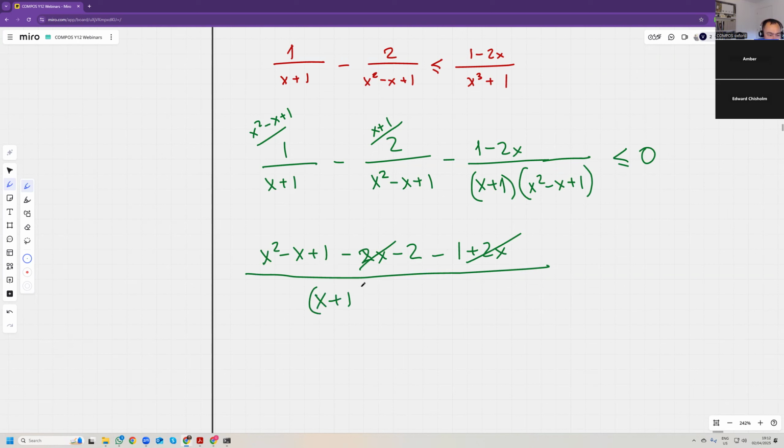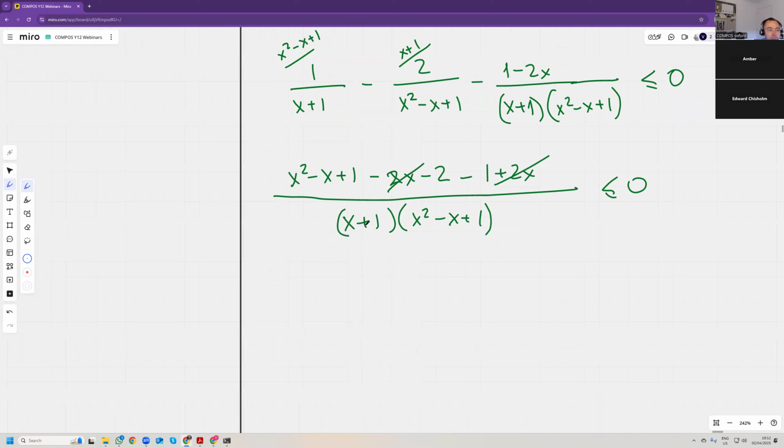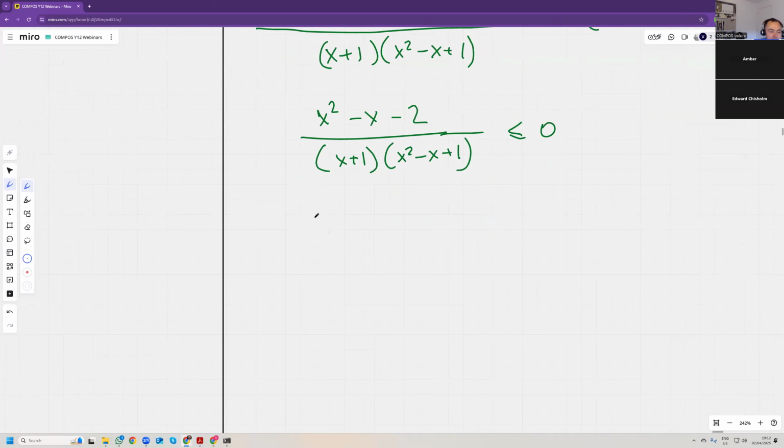Over x plus 1, x squared minus x plus 1 equals 0. Oh, it's just a quadratic. Okay, nothing scary. x squared minus x minus 2 over x plus 1, x squared minus x plus 1, less than 0. Now we factorize the top.